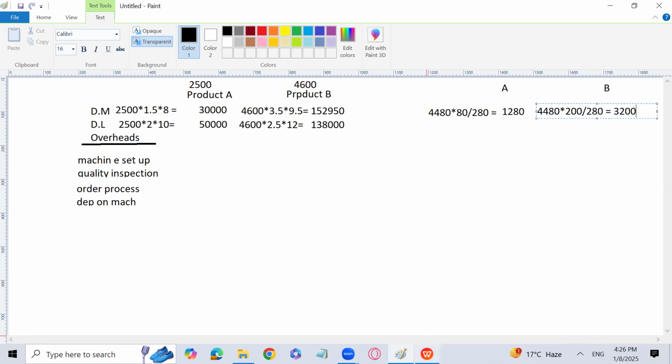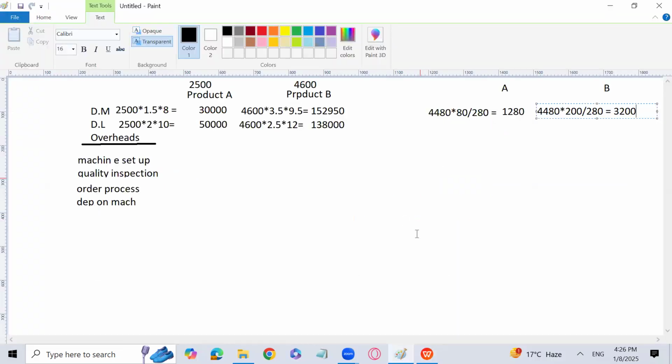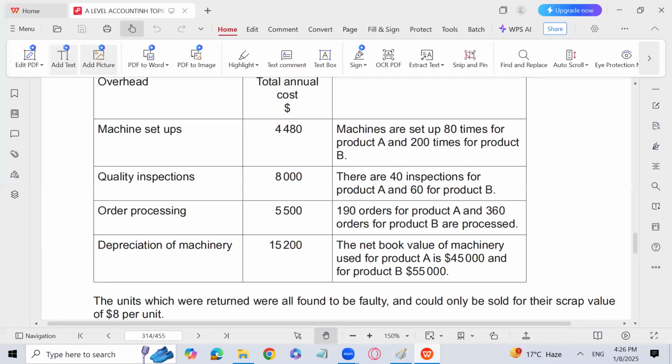Next, for quality inspection, we are going to have a cost of 8,000. Are you getting it? So 8,000 is going to be divided according to the number of inspections, 40 and 60. 40 plus 60, how much? 100. So 40 over 100 and 60 over 100 of the 8,000.